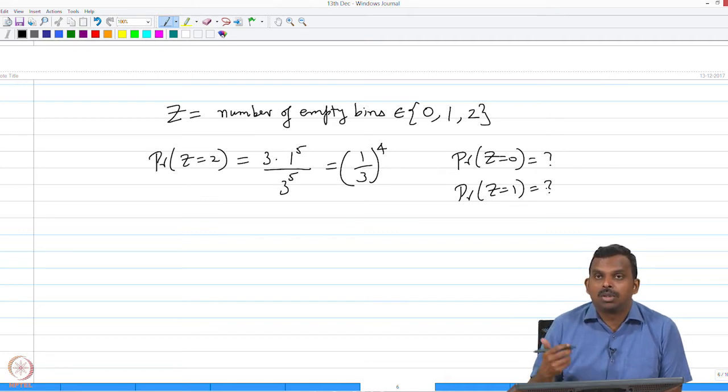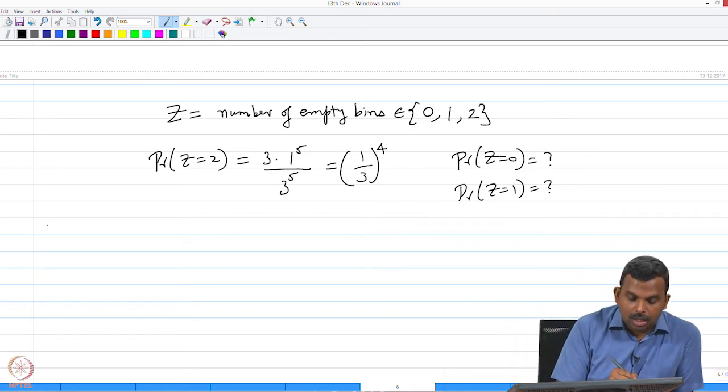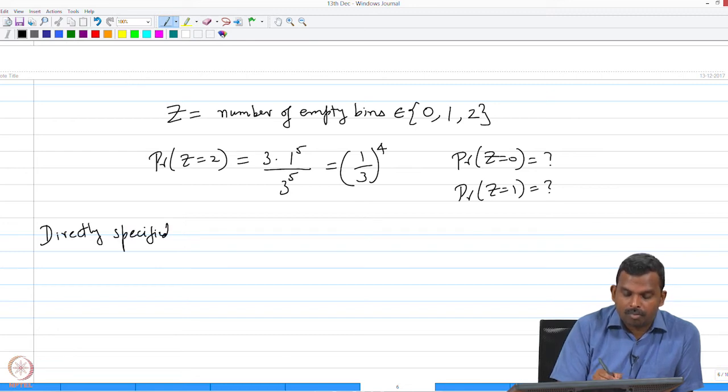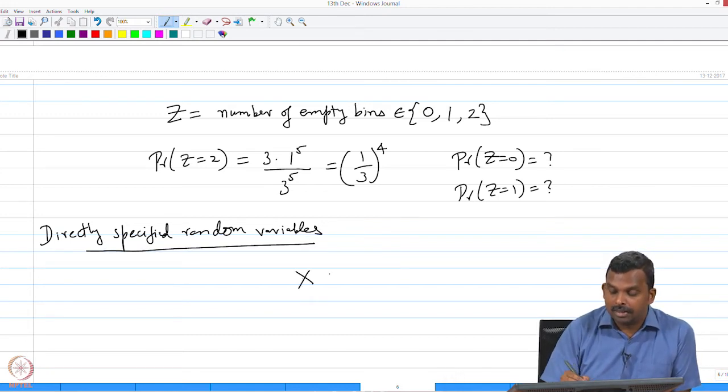But interestingly quite often in many problems the question would directly define a random variable. Okay. So, this is what Professor Arvind calls in his lectures directly specified random variables. Okay. So, instead of defining an experiment and defining a random variable and asking you to compute the PMF, quite often a random variable X will be given to take some values. Okay. So, maybe a set of values, let us say 1, 2, 3, 4, 5, so on. Okay.